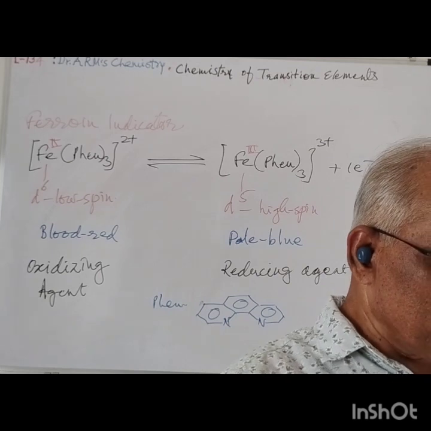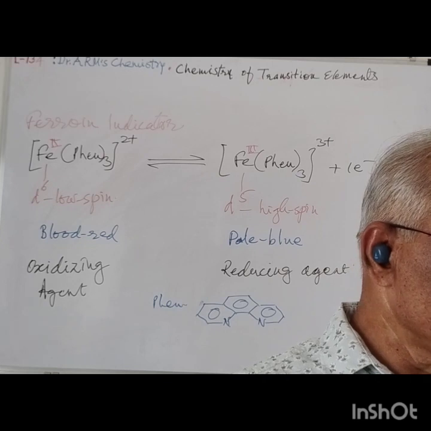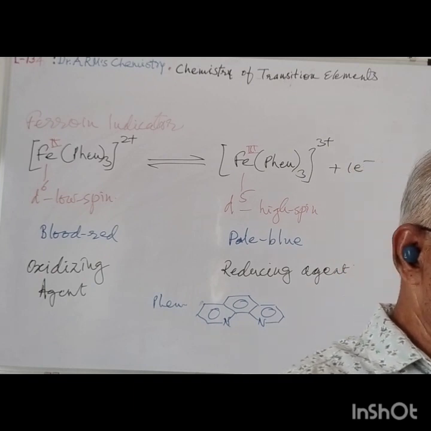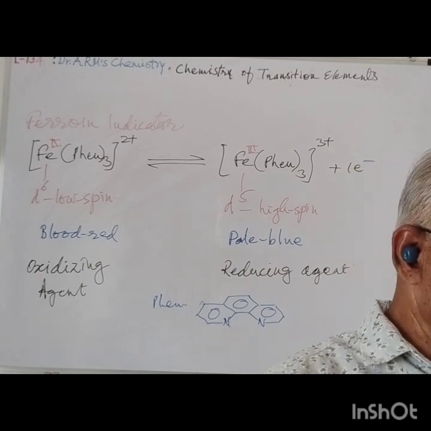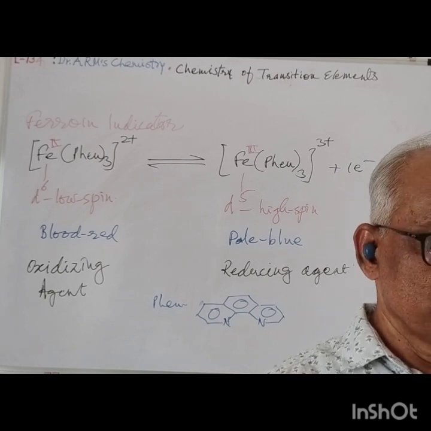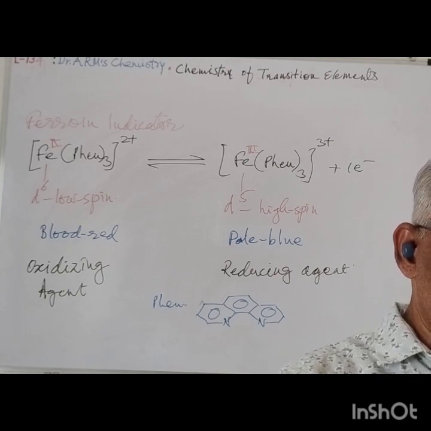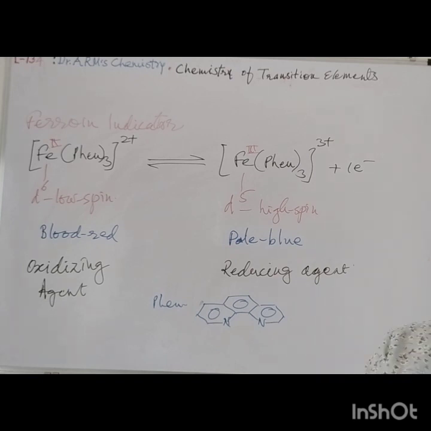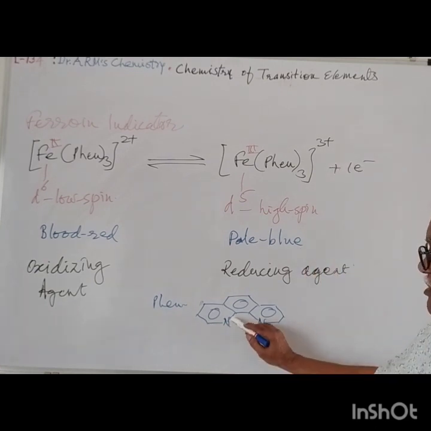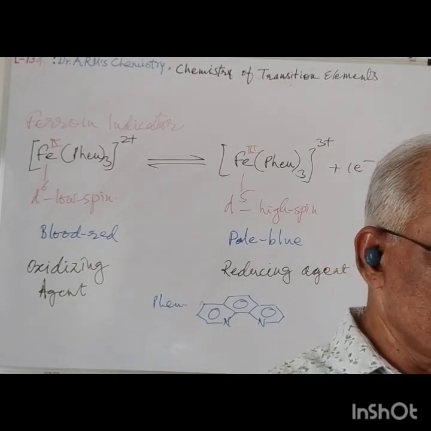Here, as a result of Fe2 plus complex of unsaturated amines, this unsaturated amine, that is phenanthroline, the colors exhibited are intense. The charge transfer bands of this complex appear because they have very high molar absorptivities. These complexes, because of this unsaturated ligand, have high molar absorptivities.